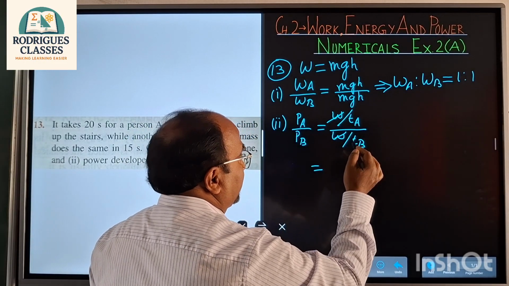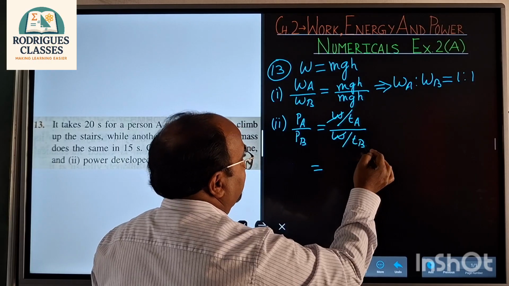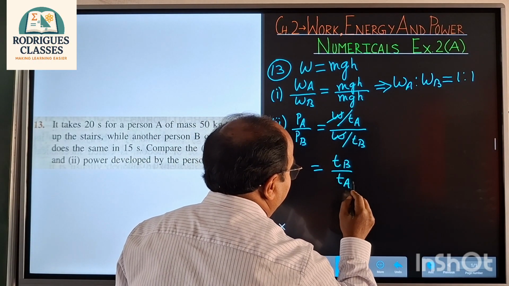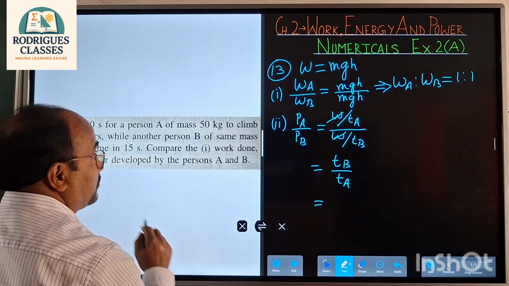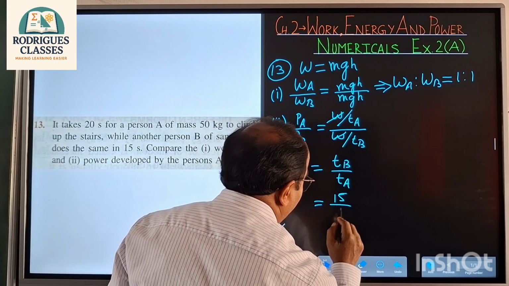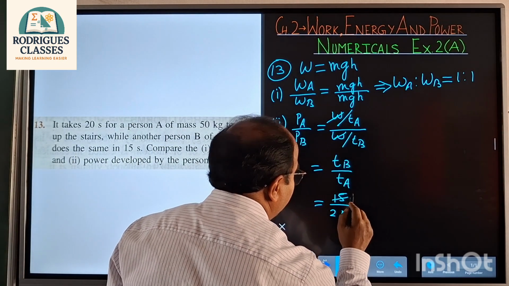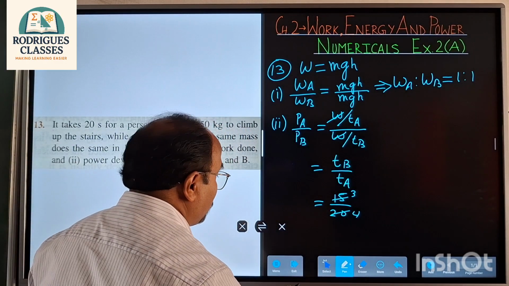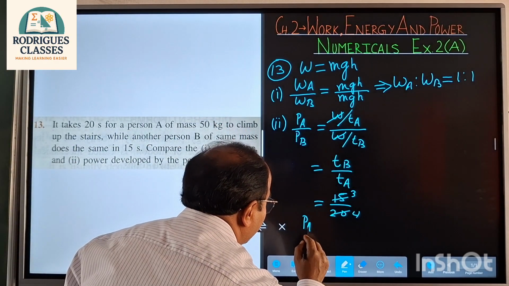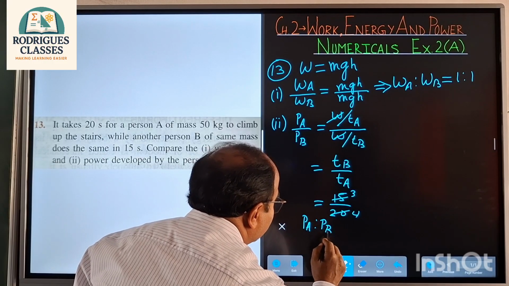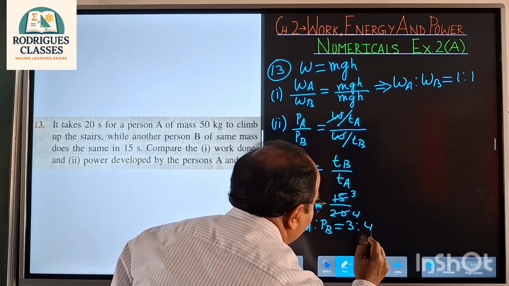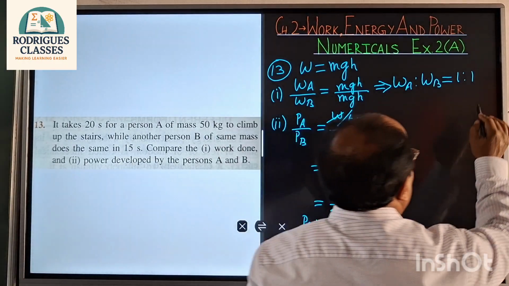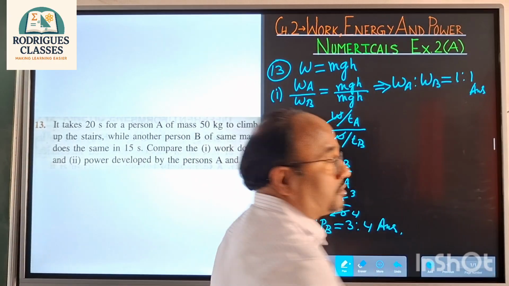If I write it in fraction, the time taken by B will go to the numerator over the time taken by A. Time taken by B is 15 seconds and this one is 20. Reduce it, 3 and 4. So we have got 3 by 4. We need to write it as a ratio, so the power spent by A to the power spent by B is 3 is to 4. This is my answer to the second part, and this is my first part.